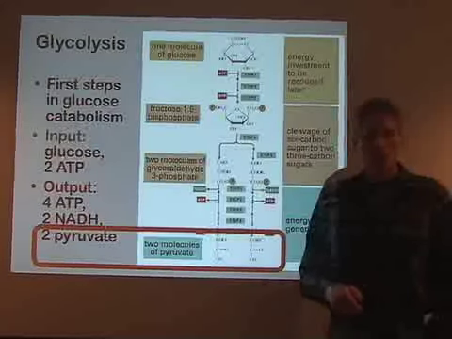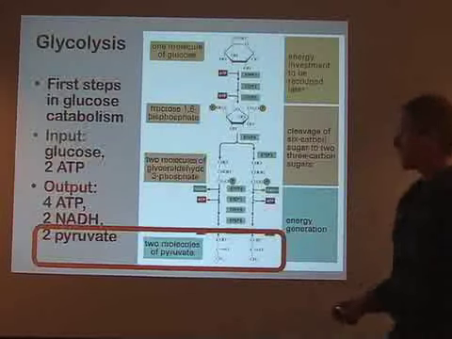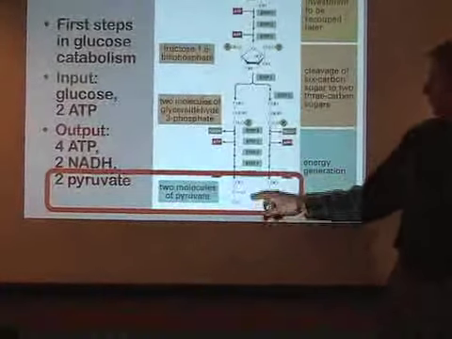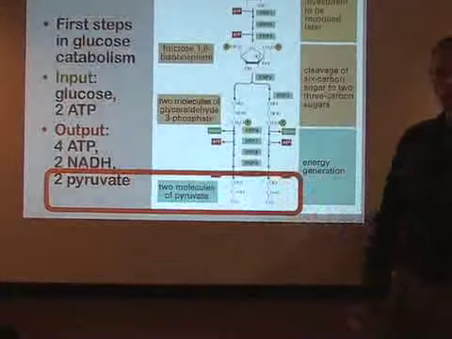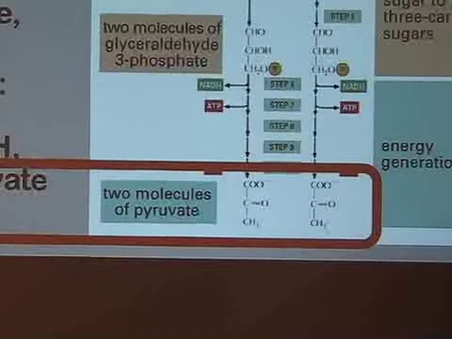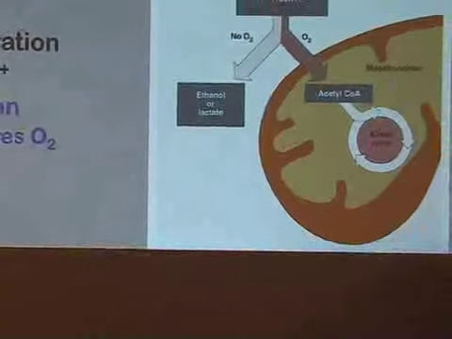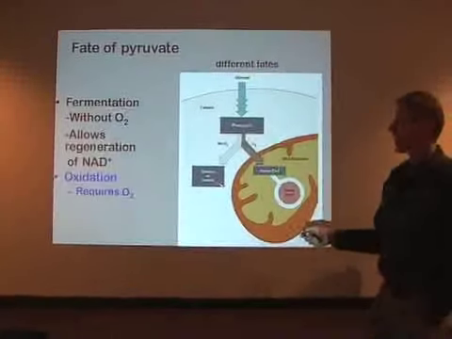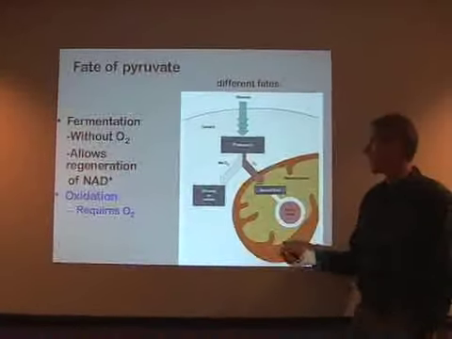The end result of glycolysis is the formation of pyruvate. That's this guy here, a simple 3-carbon structure. Pyruvate's very useful in this cell. You can ferment it in yeast to make ethanol, in muscle to make lactate.